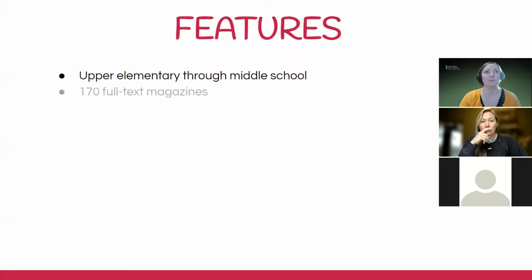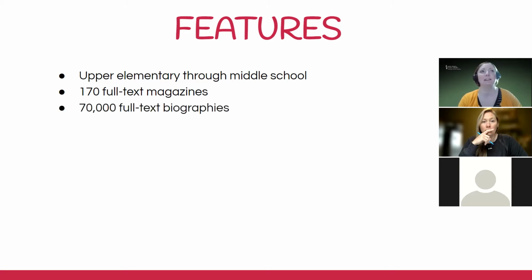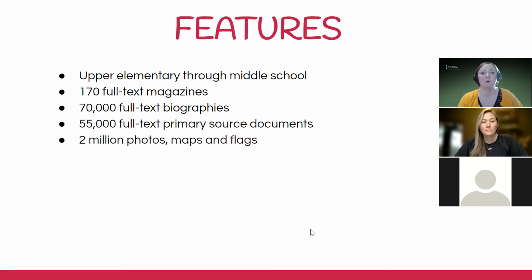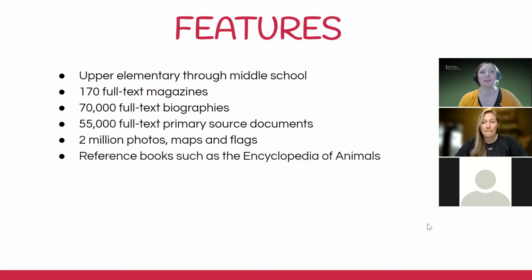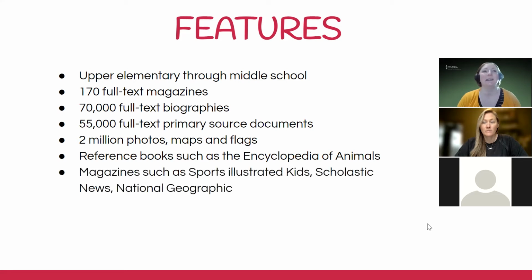Its features are over 170 full text magazines, 70,000 full text biographies, 55,000 full text primary source documents, over 2 million photos, maps, and flags. Reference books like the Encyclopedia of Animals, magazines like Sports Illustrated Kids, Scholastic News, and National Geographic.